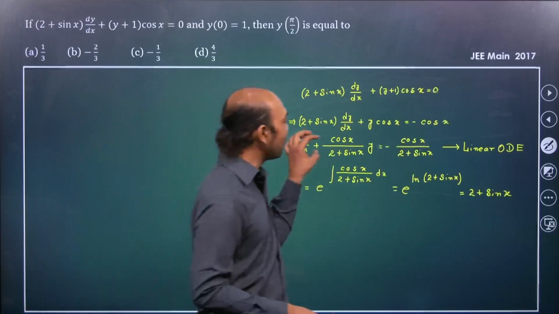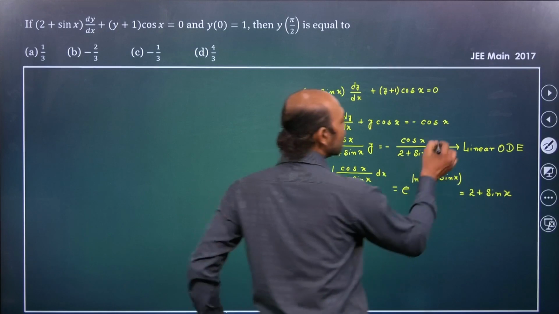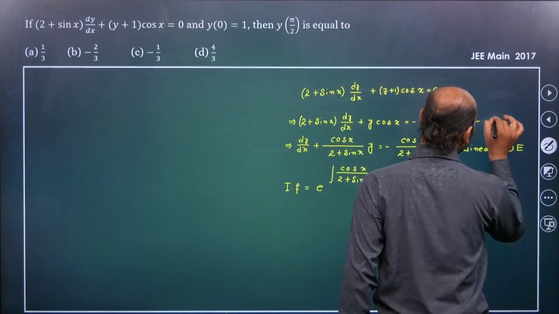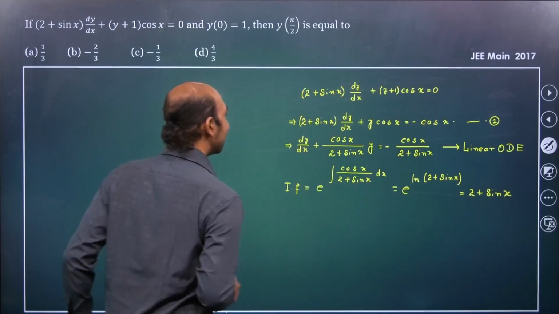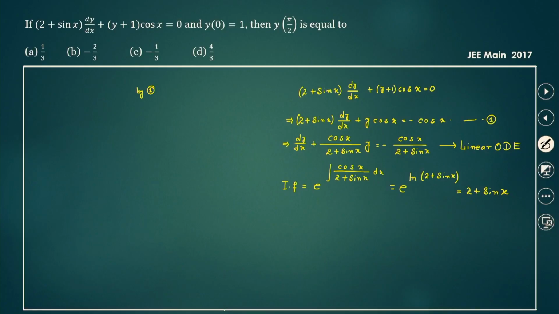Now if I multiply both sides by 2 plus sine x, we'll get equation number 1 in this particular problem, which can now easily be written as d/dx of (2 plus sine x) multiplied by y is equal to minus cos x.